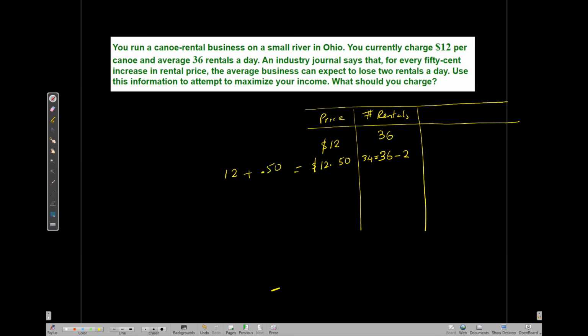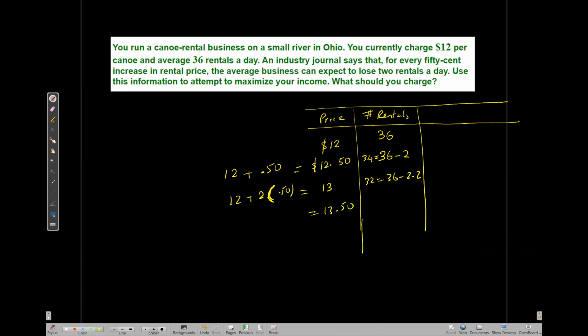And if you do one more time, that's going to be $13. That means 12 plus 2 times 50 cents, and here it's going to be 32. That's 36 minus 2 times 2. And the next number, 30.